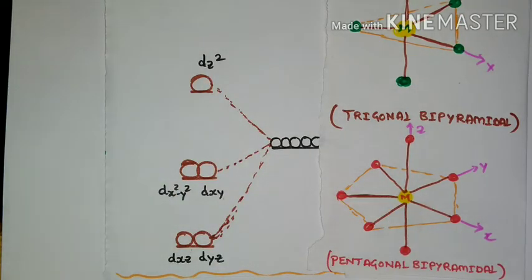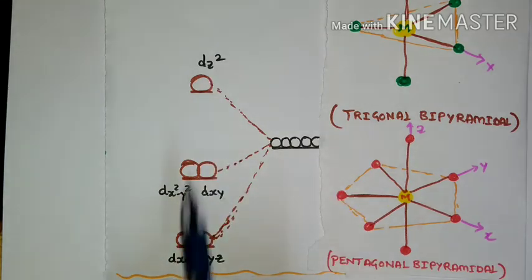That is, the dz square orbital has highest energy, and dxz, dyz are lower in energy. In between dz square, dxz and dyz lies dx square minus y square and dxy.